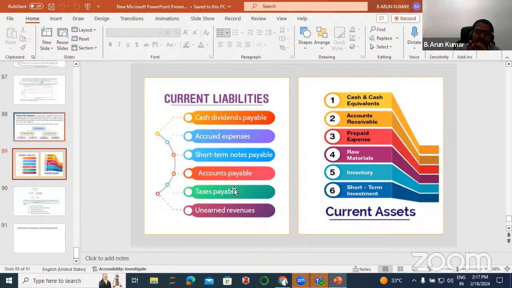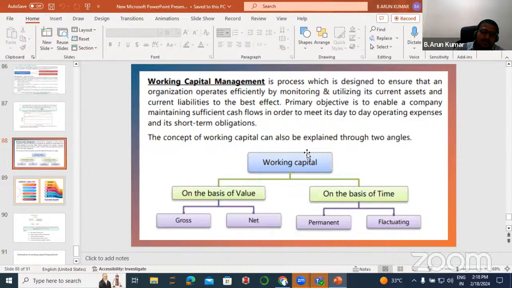So we know the difference between them. After that you learn the concept of working capital, on the basis of value and on the basis of time. For this purpose, we need to know what gross working capital and net working capital are, likewise permanent and fluctuating working capital. Each thing you must learn for the examination.